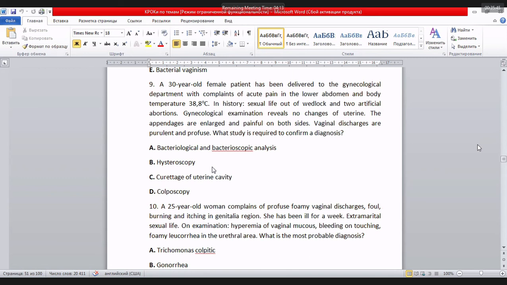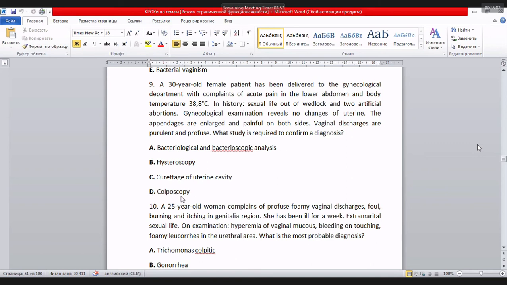First of all, we need to treat infection, and for this we need to know what microbes cause this infection. That's why, first of all, we perform bacteriological and bacterioscopic analysis, then indicated treatment.